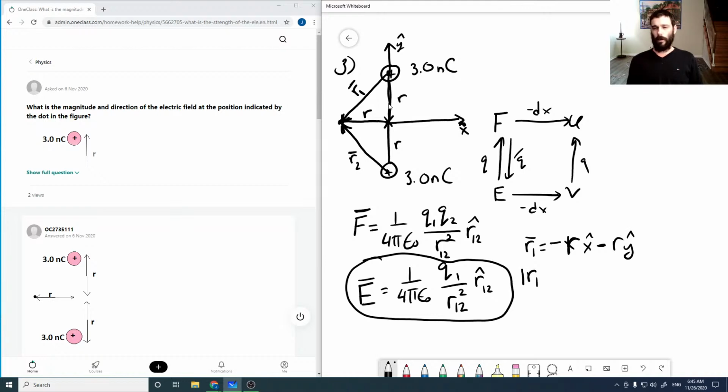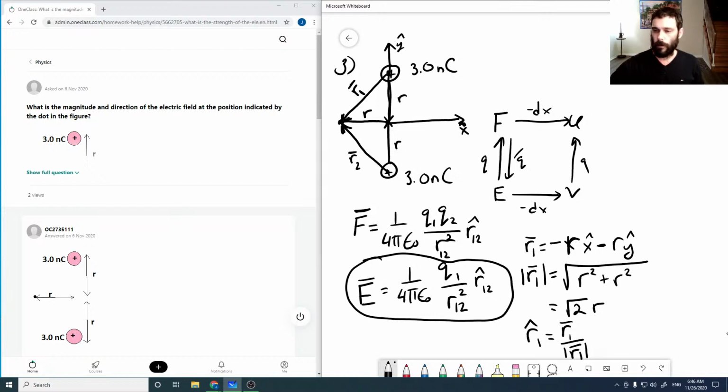The magnitude of R1 is the square root of the sum of the squares, so r squared plus r squared, which is root 2 r. And so r1 hat is the r1 vector over the magnitude of the R1 vector.